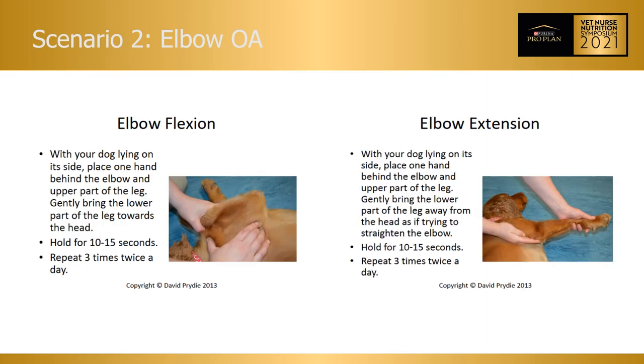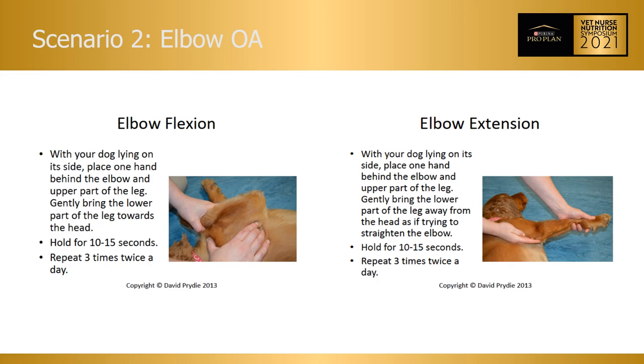Okay, so here are our passive range of motion exercises that I mentioned in the previous slide. And the idea behind the passive range of motion exercises is that the patient doesn't have to actively move the elbows themselves. We're relying on the owner or the veterinary professional to flex and extend those joints for them.